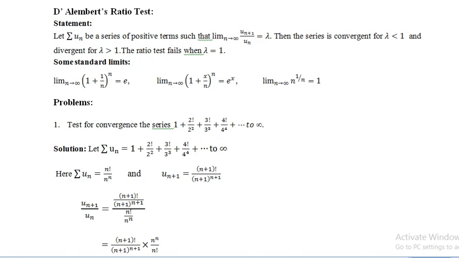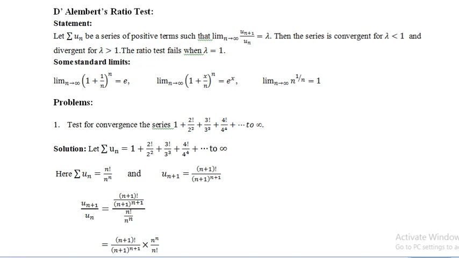With the help of convergent and divergent, now we will discuss D'Alembert's ratio test. Statement: let the summation of un be a series of positive terms such that the limit of un plus 1 divided by un, when n tends to infinity, is equal to lambda.